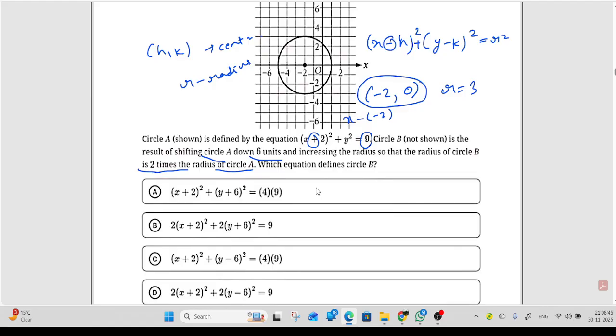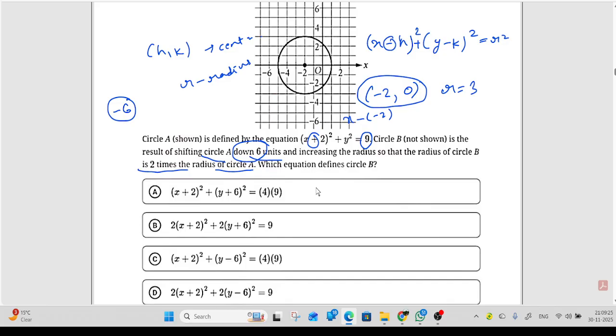Now circle B is the result of shifting circle A down 6 units. Down means we are talking about the y coordinate. Basically, if we move the y coordinate from 0, because we are going down 6 units, it will become negative 6, right?